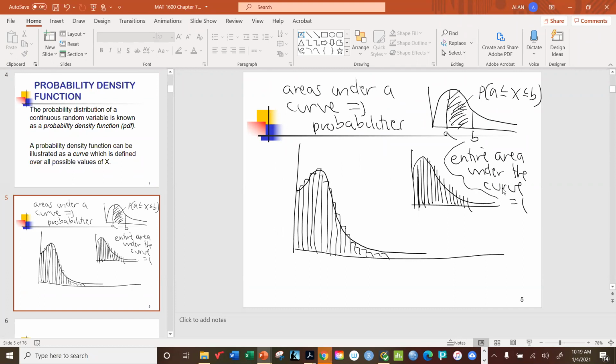So the total probability has to be 1. Okay, so these are some of the key properties of what we're doing with these probability density functions. Now, if this all sounds very abstract, don't worry about it. Our ultimate job is to calculate probabilities, but it's important to understand what these graphs are telling us.